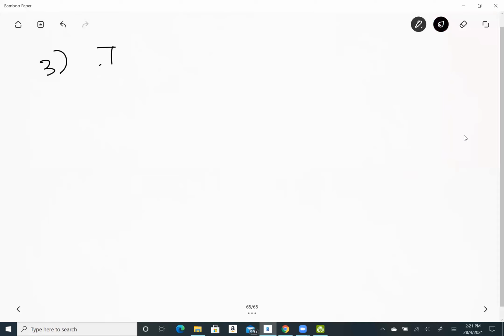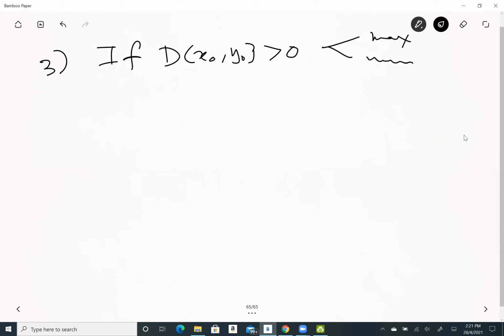if the D that we evaluate at x0, y0 is positive. Okay, now when this is positive, then you may have a maximum or minimum. But that is not the condition. That is only part of the condition.